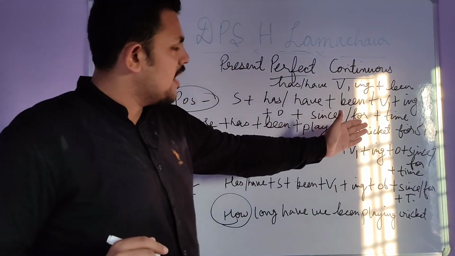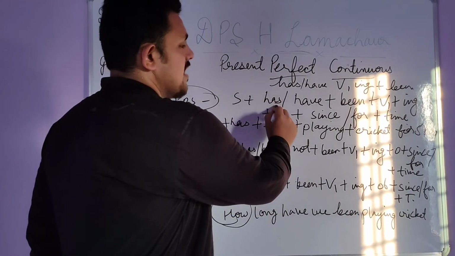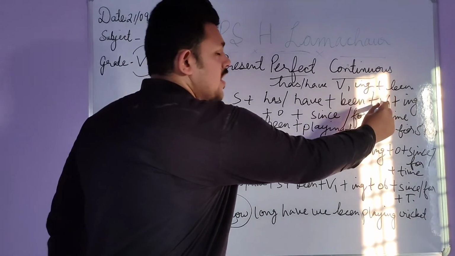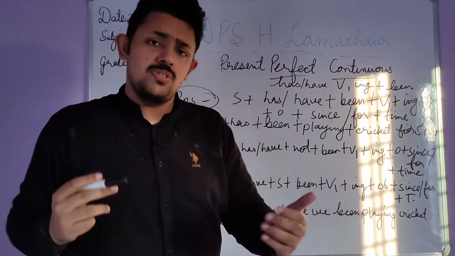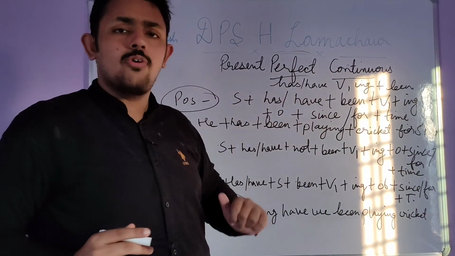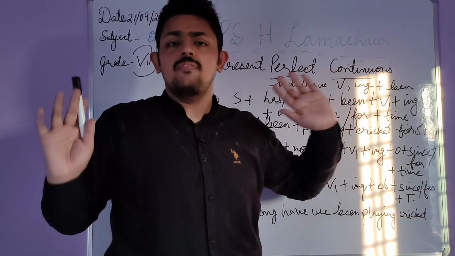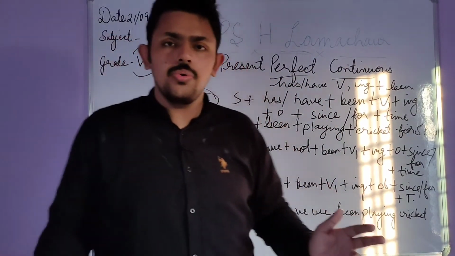What is the structure? Subject plus has or have plus been plus first form of the verb plus ing plus the object. He has been playing cricket. Then since or for time. Then we put the time, for 5 hours. So this much is clear to you.